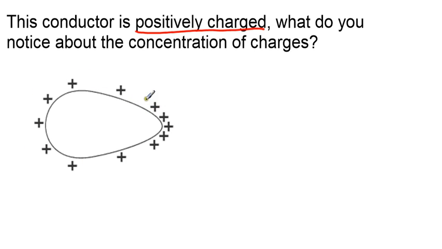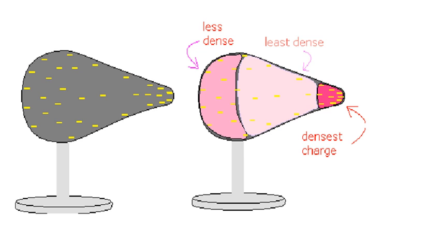And the way to really think about it is, it's not that the positive charges are distributed unevenly, it's the electrons are distributed unevenly. And we have a net loss of electrons. And so the electrons will redistribute themselves around here in a way so that the positive charges look like this.